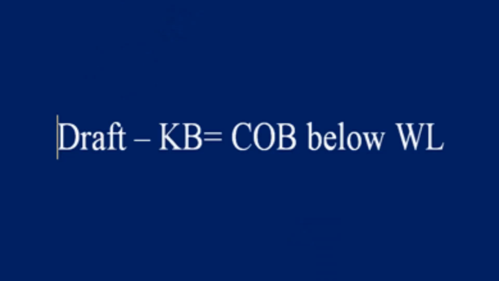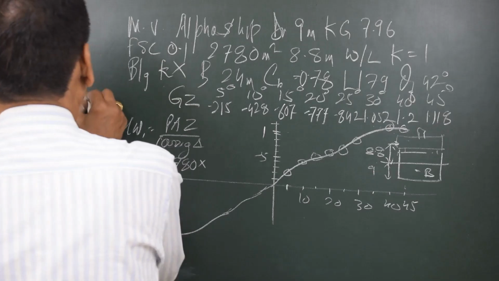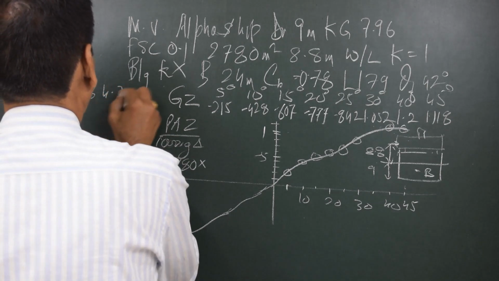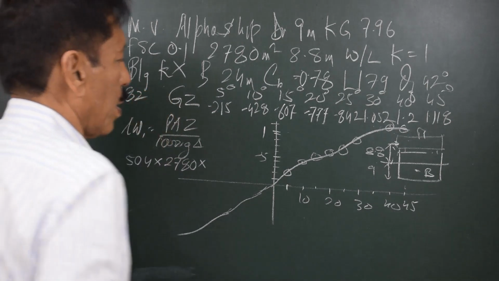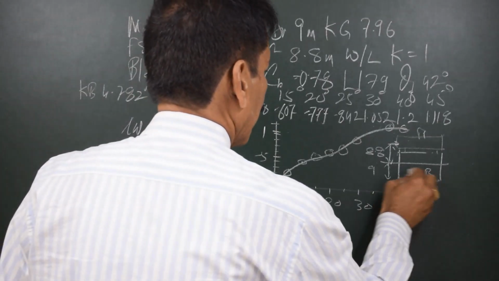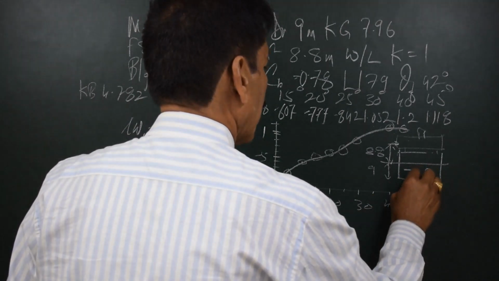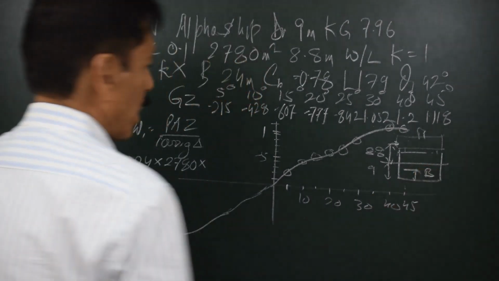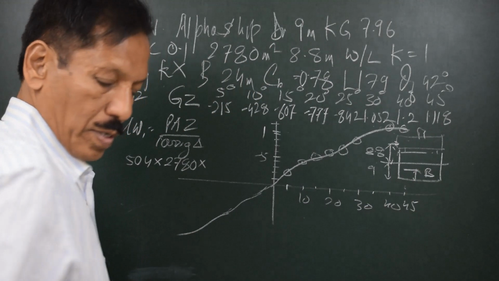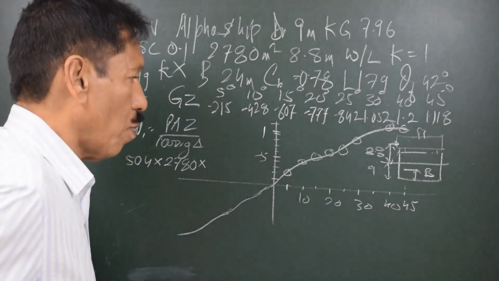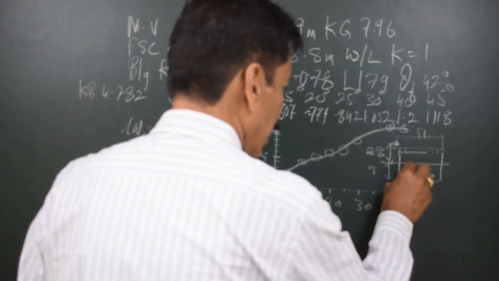Draft is 9 meters. KB is 4.782, which means from center of buoyancy till the keel is 4.782. So 9 minus 4.782 will give me this distance.